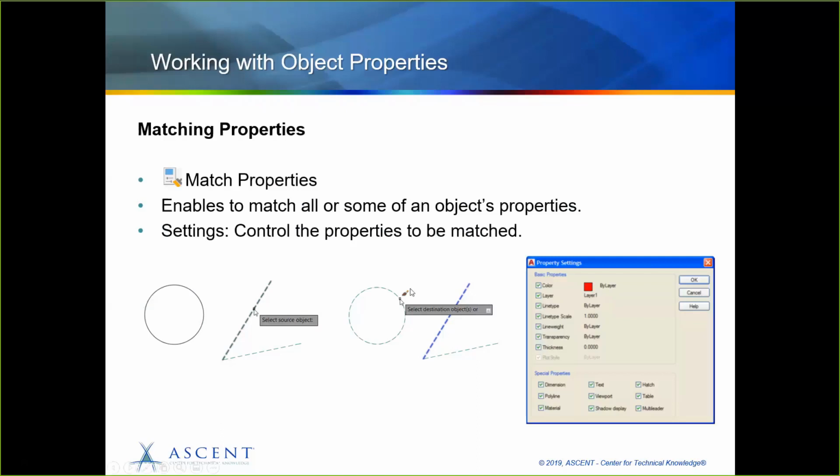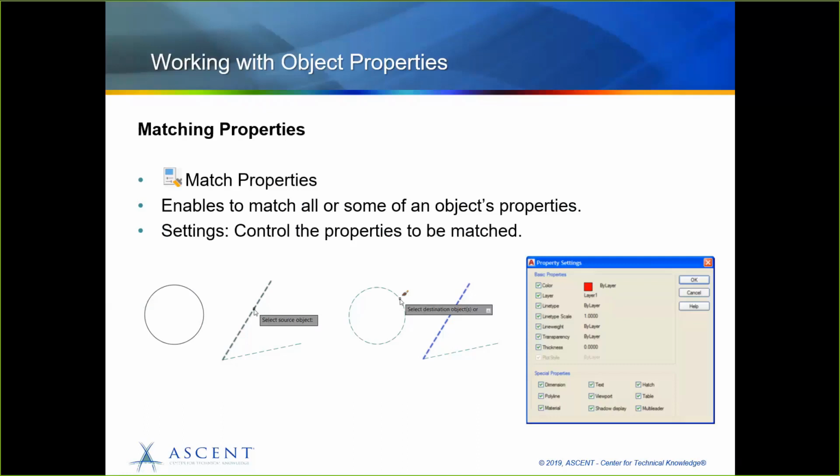As you can see in the second figure here, you have selected your source object as this dashed line in the screen, and then it changes into this square box and a paintbrush. When you move the cursor and hover it over another object that you're going to probably select later, it will give you a preview of how the new object is going to look. So once you select the object, that's when you commit the change.